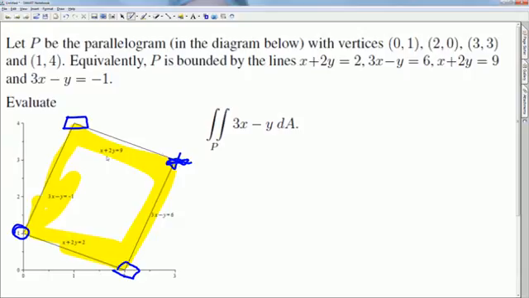As marked on the diagram, I've got the lines which bound this parallelogram. What I want to do is integrate over this parallelogram this particular function, 3x minus y.